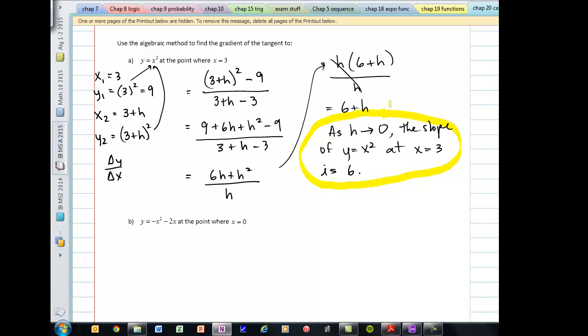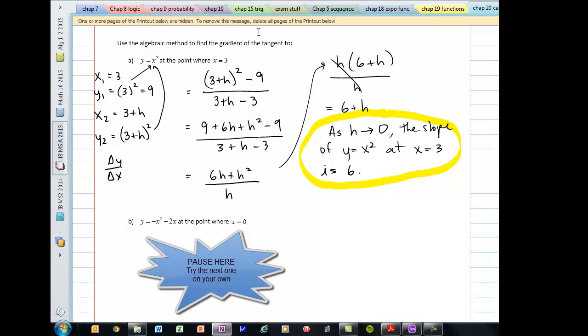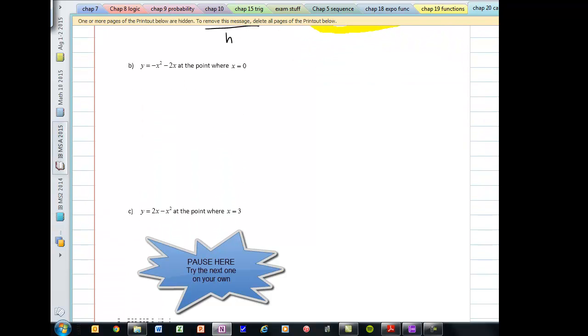But I'm pointing it out because I want to make sure that you understand what you're finding. Okay? So you found the slope of the curve at a particular point on the curve. You found the slope of the curve at x equals 3, and you found that that slope, which would be the slope of the tangent line, is equal to 6. Alright, let's move on and do the next one.